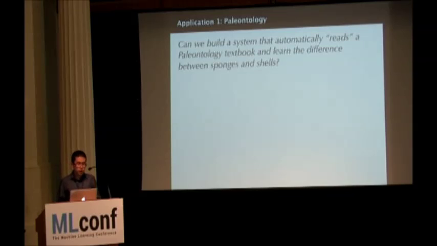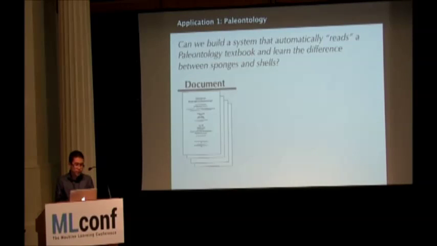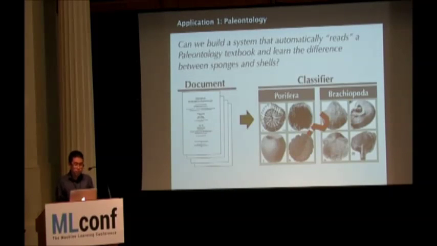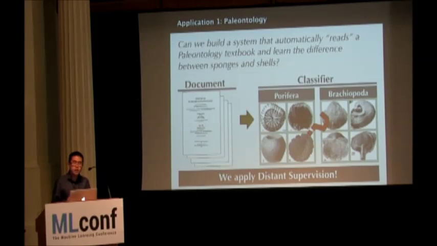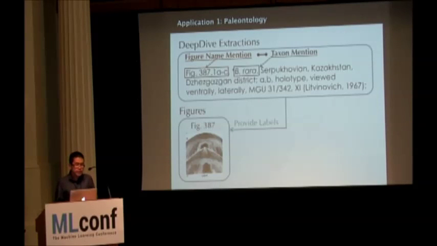If such a system is possible, the input would be a set of journal articles, and the output would be a classifier that can distinguish between different classes of fossils. Our hypothesis is that we could extend the idea of a classic technique called distant supervision for text processing to automatically generate labels for image recognition tasks. To study this hypothesis, we have built a very simple prototype that uses DeepDive to extract information between figure numbers and figure fossils appearing in the text and captions.